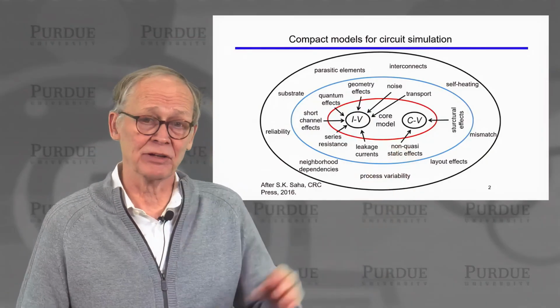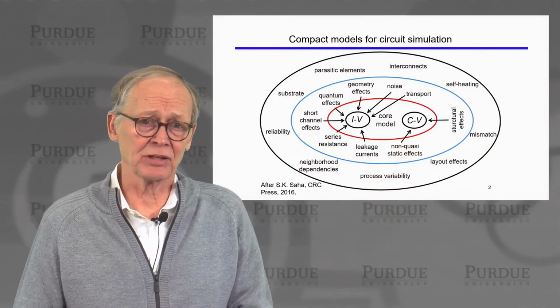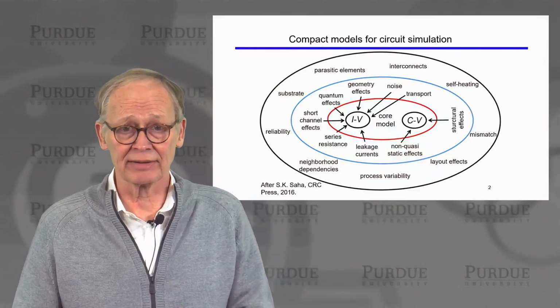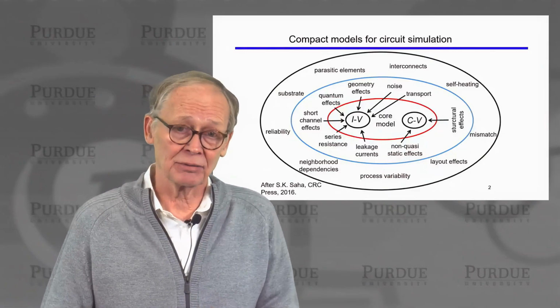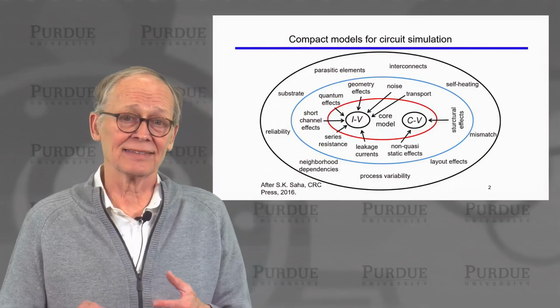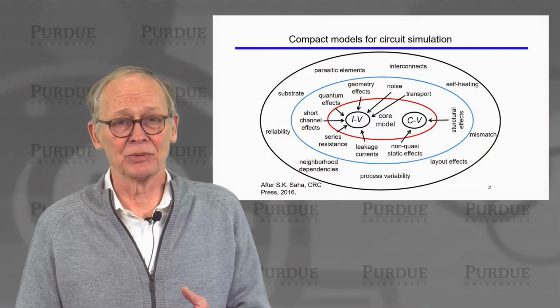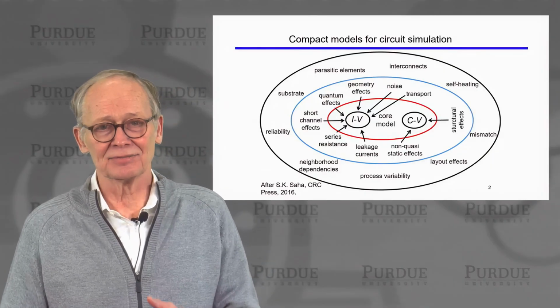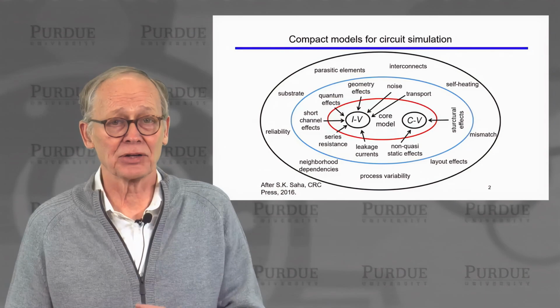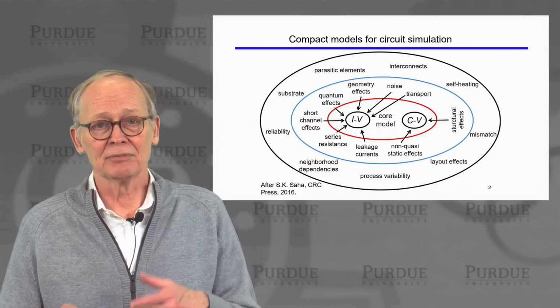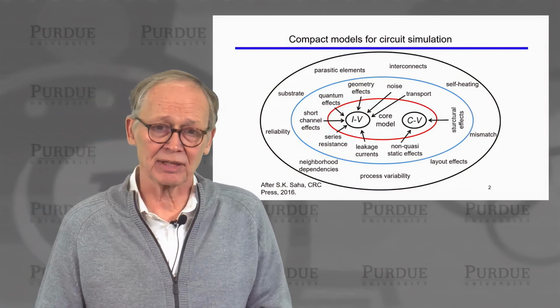The process will be variable, and there will be some variability in the oxide thickness and the channel length and whatever, and we need to account for those variabilities so that the design works over the entire range of transistors that might occur across a chip or from manufacturing lot to manufacturing lot.